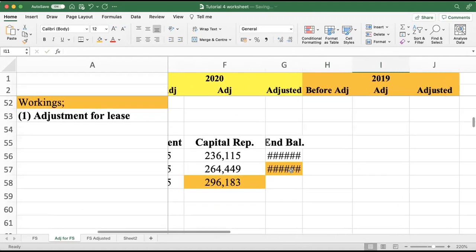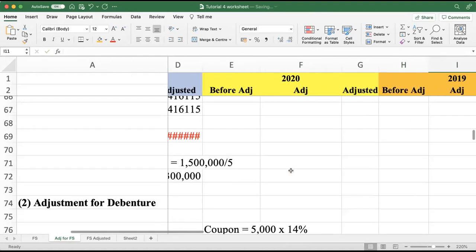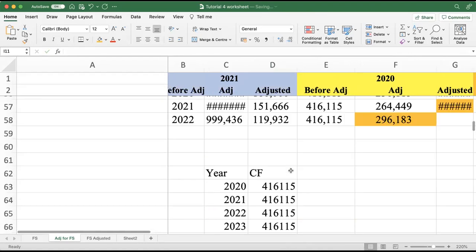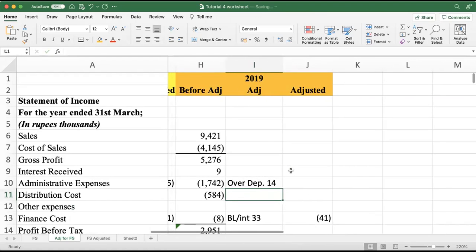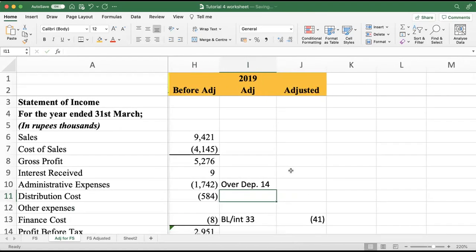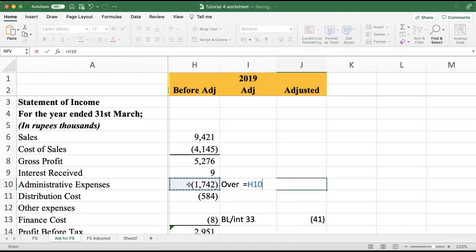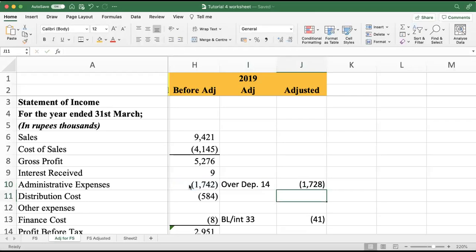You have to reduce the depreciation expense. So what happens is administrative expenses reduces. How much? Adjusted value 1728.